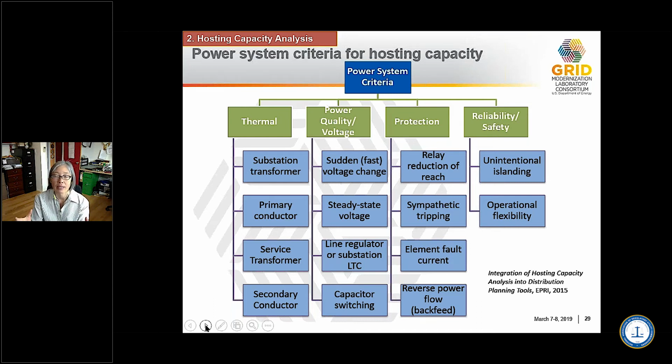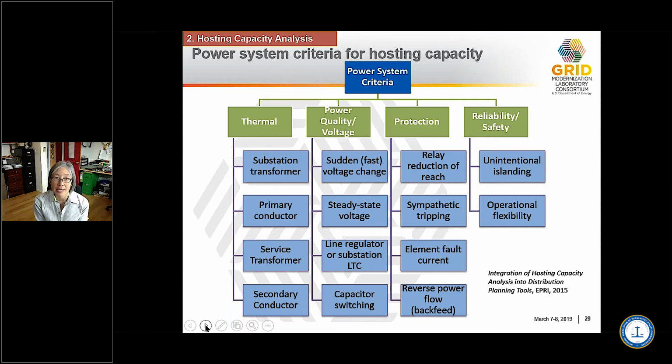Protection, that's about making sure that your protection devices, your relays, your fuses, your reclosers all operate as they're designed, and that they can protect the areas that they are designed to protect.